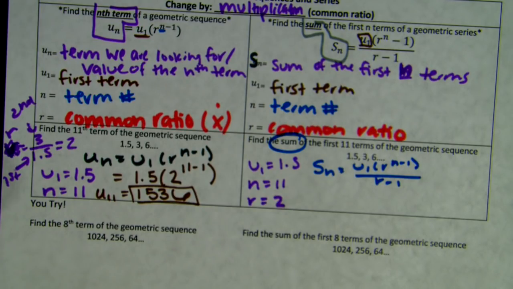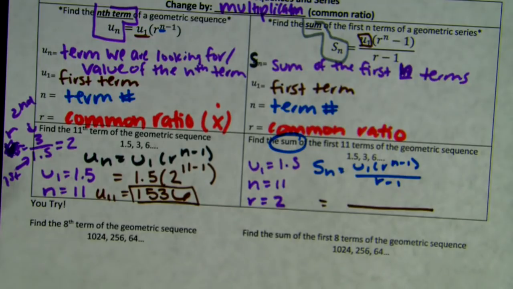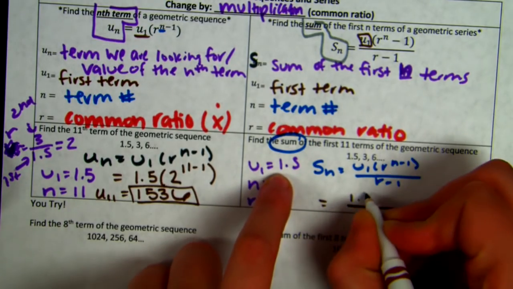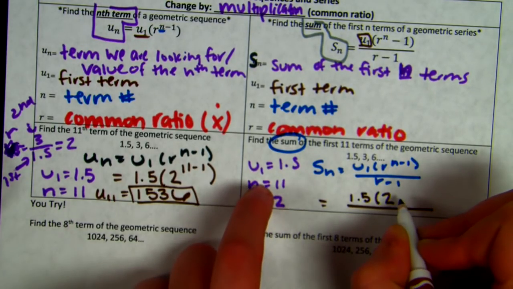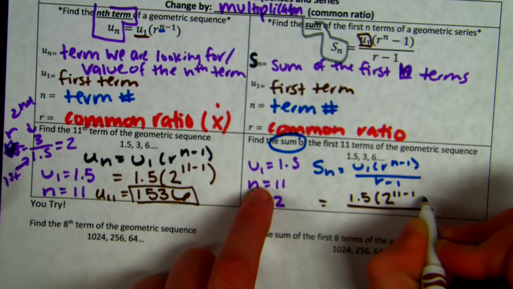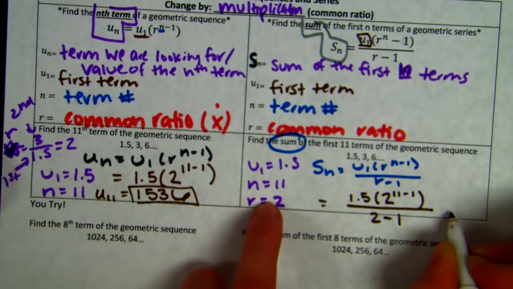So if I'm going to fill it in, I am going to set up my fraction bar first because that helps me to keep track of what I'm doing. My first term is 1.5 times r, which is 2, to the n minus 1. N is 11, so it's 1.5 times 2 to the 11th power minus 1, over r, which is 2 minus 1.